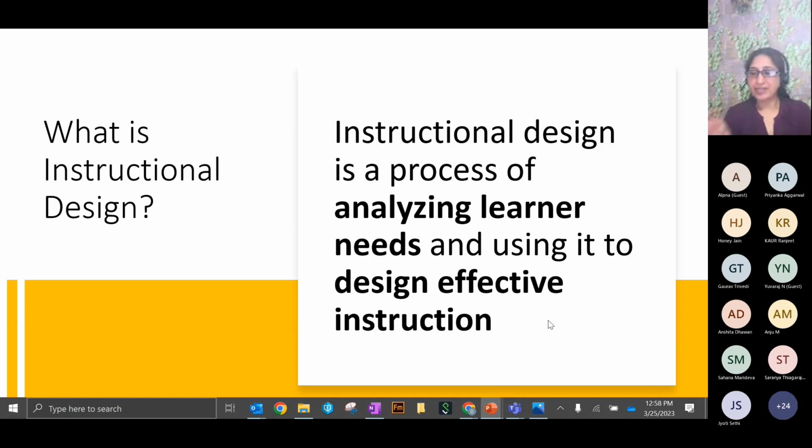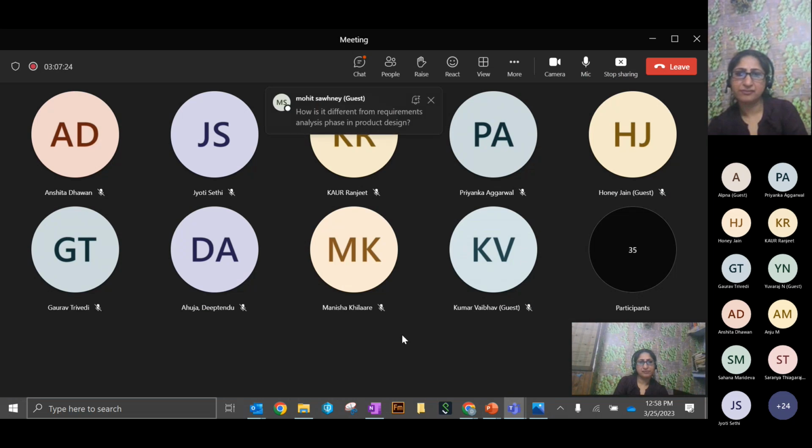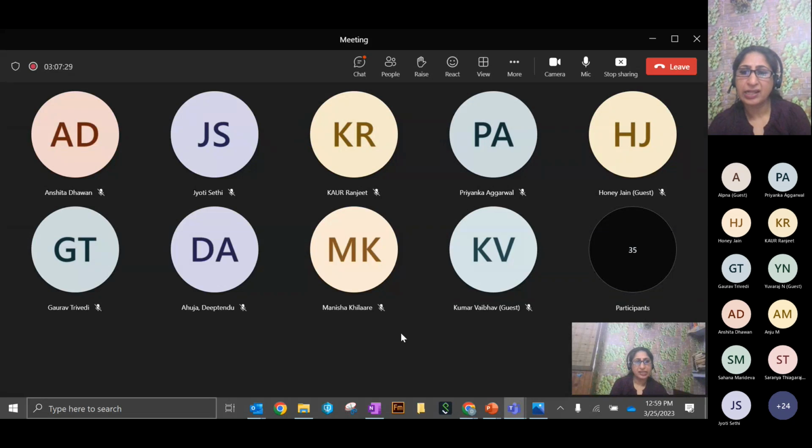Okay, so now that I wanted to bring your attention to analyzing learner needs, let me first ask you, who do you think is a learner? Or in the context of technical writing, who would be a learner? Can we safely say a learner could or could not be a user?